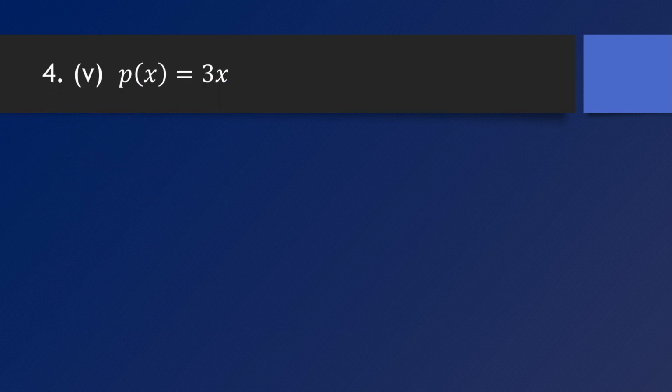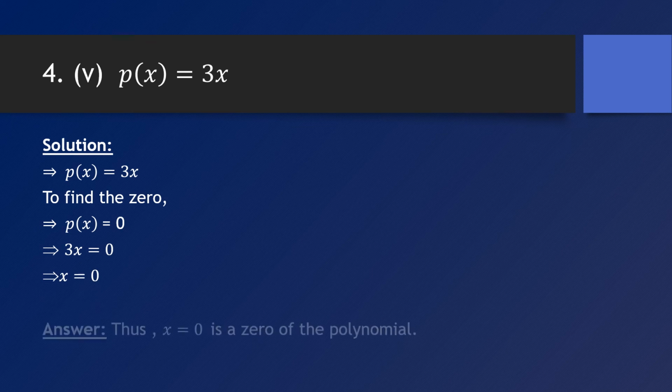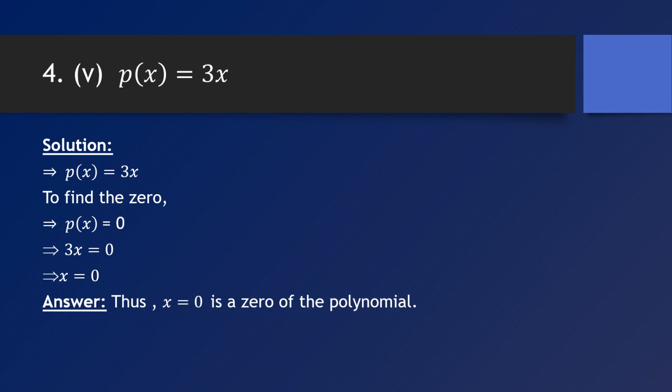Fifth part of the fourth question is p of x is equal to 3x. Here we need to find the 0. So we are going to put this p of x, that is 3x, equal to 0. When we put 3x is equal to 0, x will be 0 upon 3, that is nothing but 0. Therefore, x is equal to 0 is the 0 of the given polynomial.